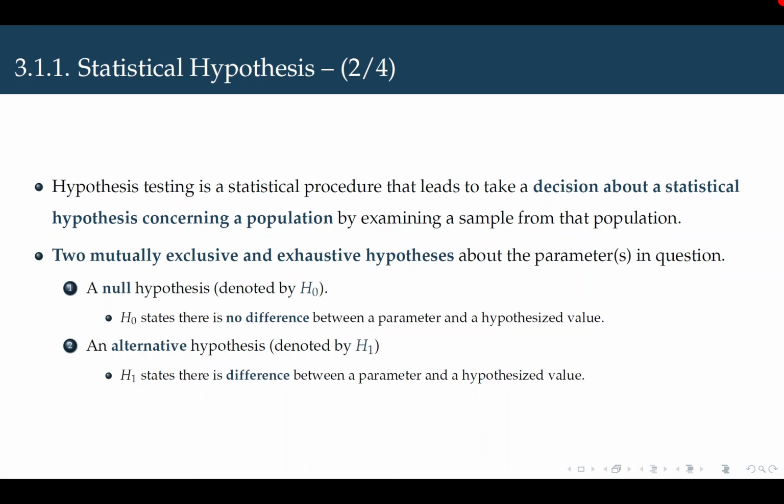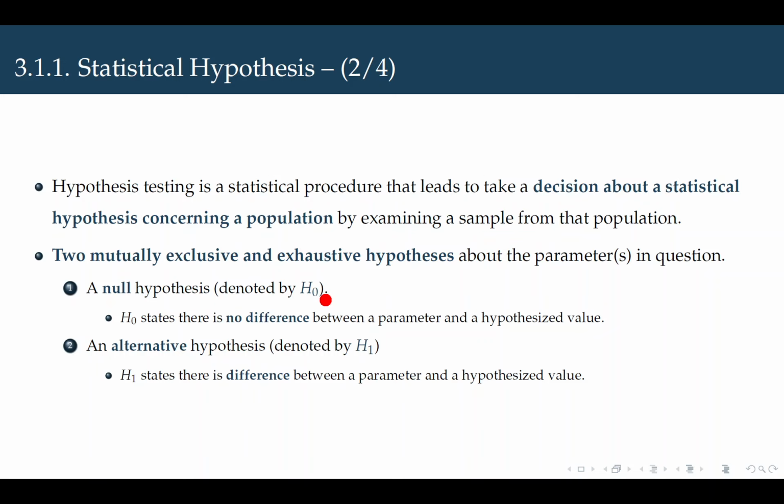So there are two mutually exclusive and exhaustive hypotheses about the parameters in question. One of the hypotheses is said to be the null hypothesis, which is usually denoted by H naught. Now, this null hypothesis states there is no difference between a population parameter and the hypothesized value.